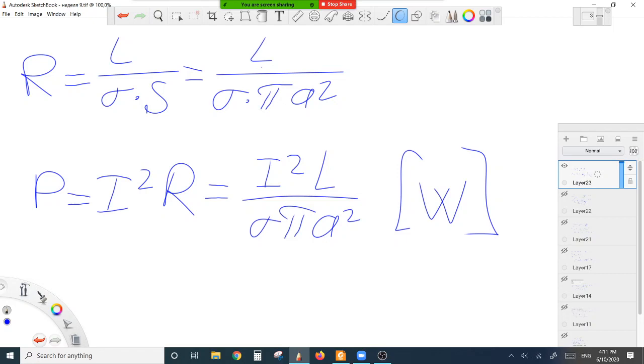And this shows that unlike the common view of current flowing through the conductor and encountering resistance, the use of the Poynting vector indicates that power is propagated by the electric and magnetic fields.